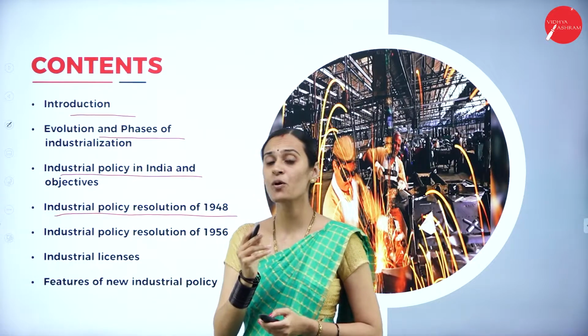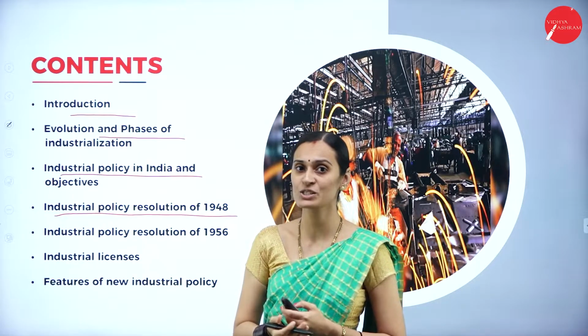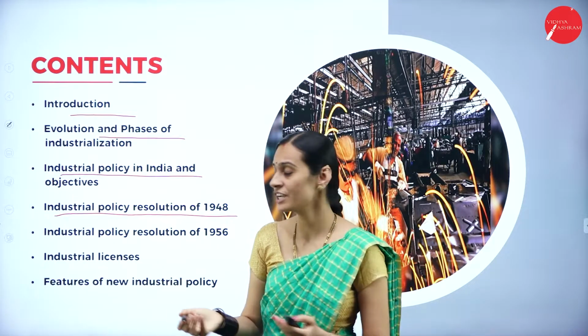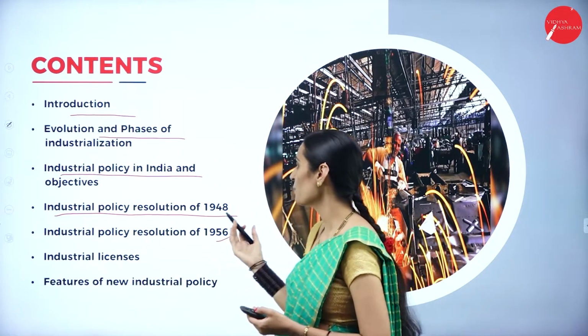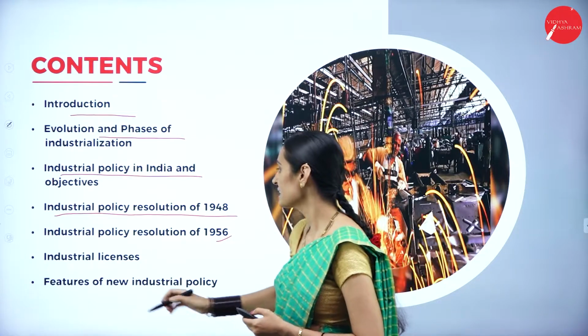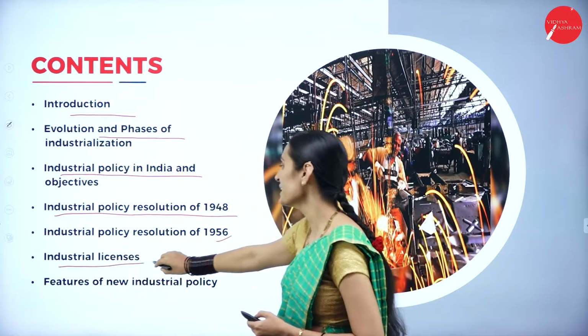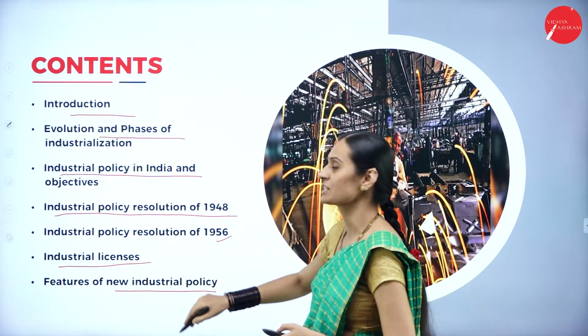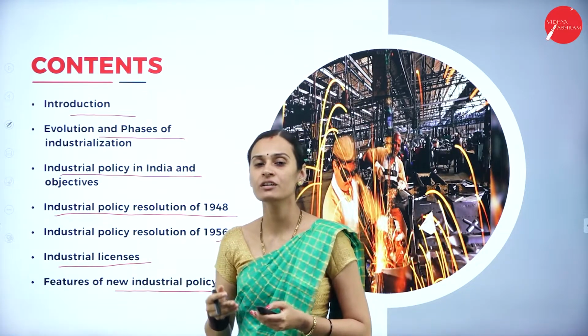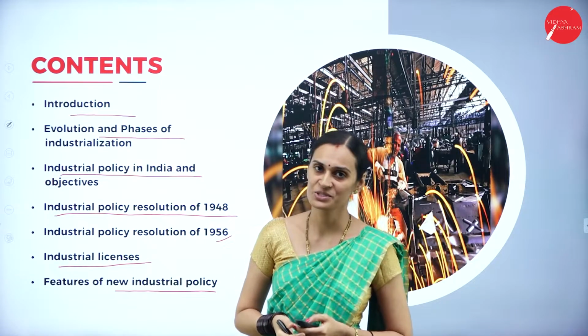There are two important Industrial Policy Resolutions, one is 1948 and another is 1956. What are the features of the Industrial Policy Resolutions? And next, what do we mean by industrial license, and what are the different features of the new industrial policies? So these are the different contents we are going to discuss in this session.